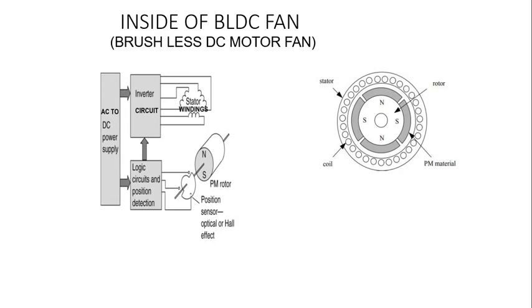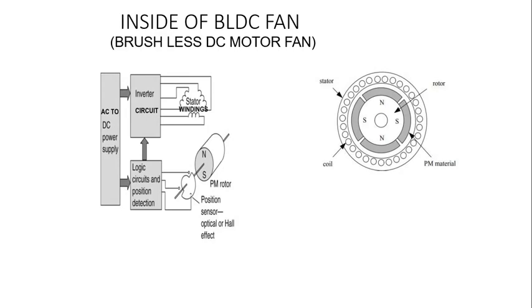This electronic PCB is kept in the stator, in a stationary position. The logic circuits and position detection circuits operated by a microcontroller switch the power to the three coils sequentially.